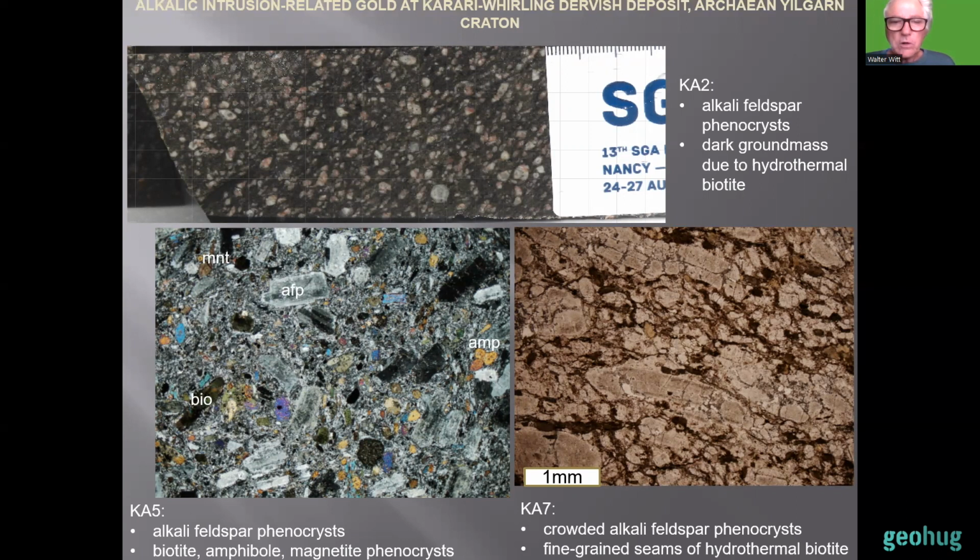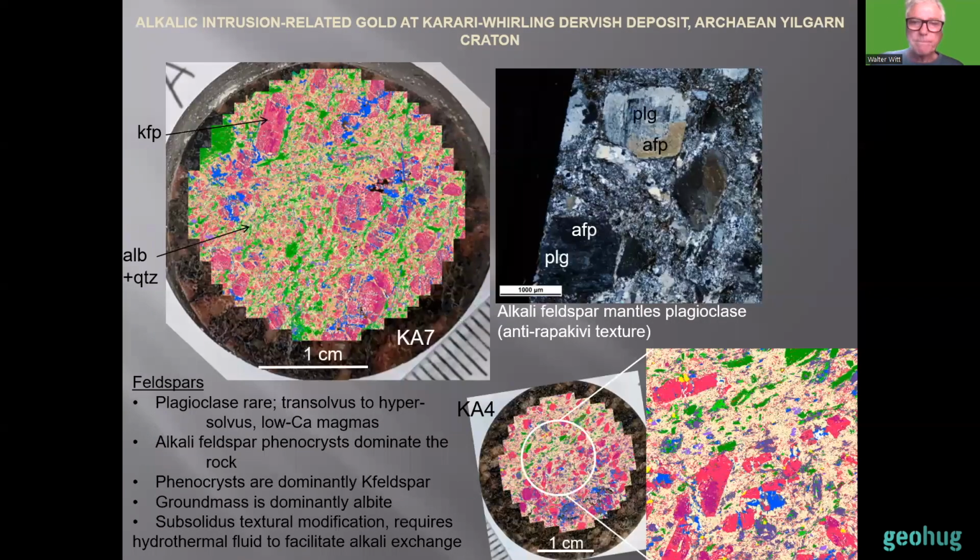One of the less altered samples in the collection, Ka5, is shown on the lower left, where, as well as alkali feldspar phenocrysts, we can see phenocrysts of amphibole, biotite, and magnetite. Plagioclase phenocrysts are rare to absent in these intrusions.